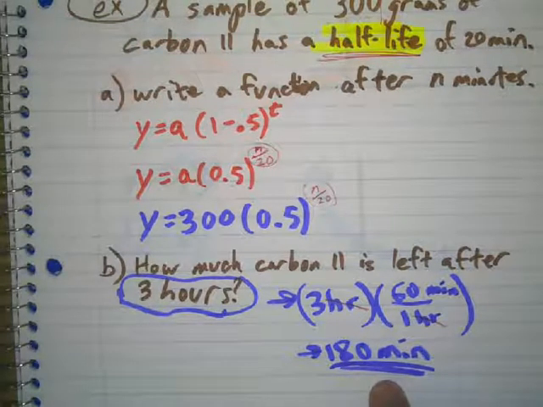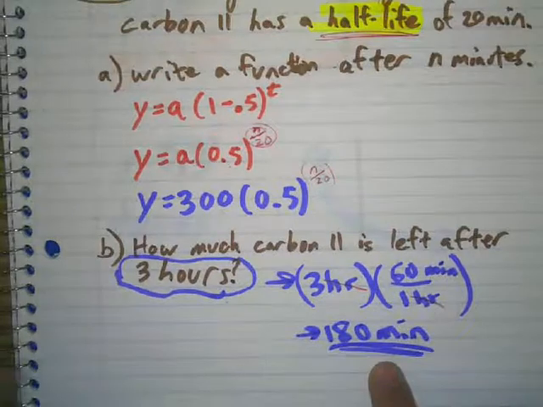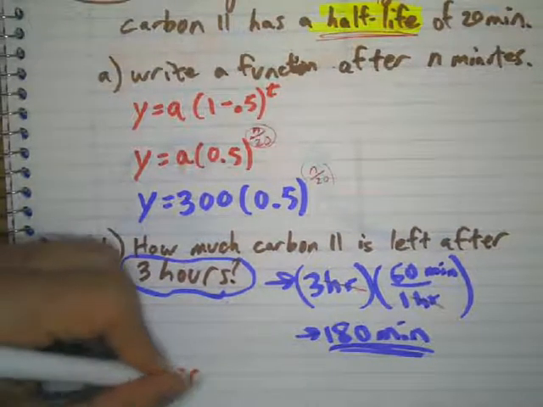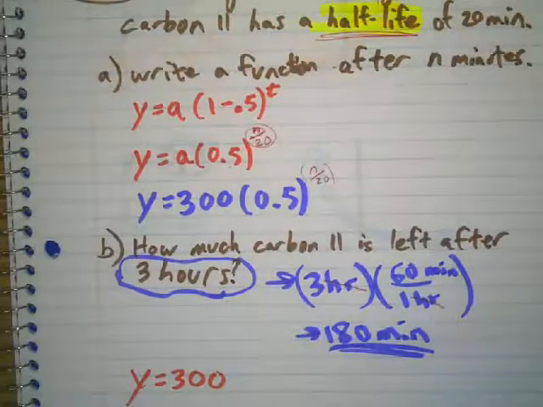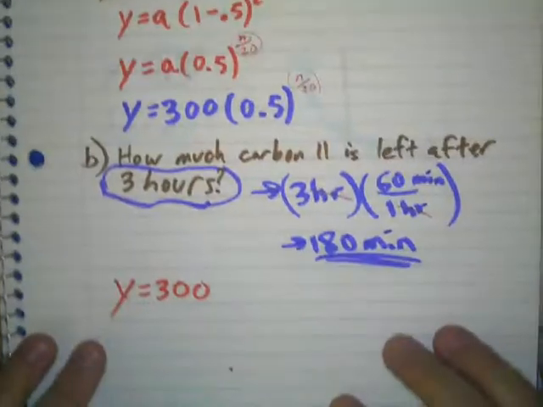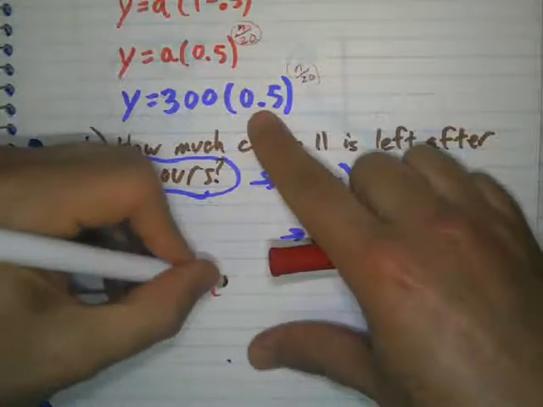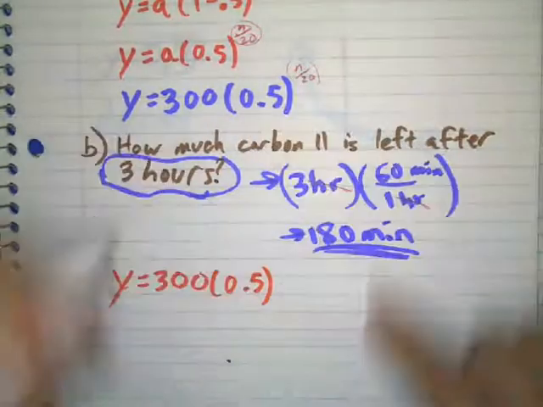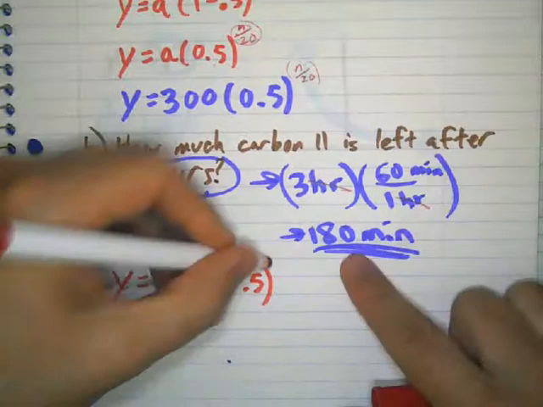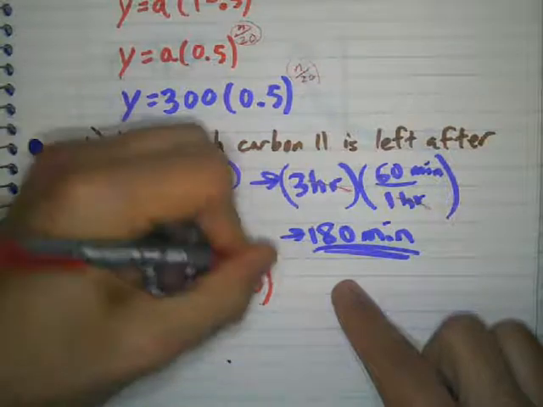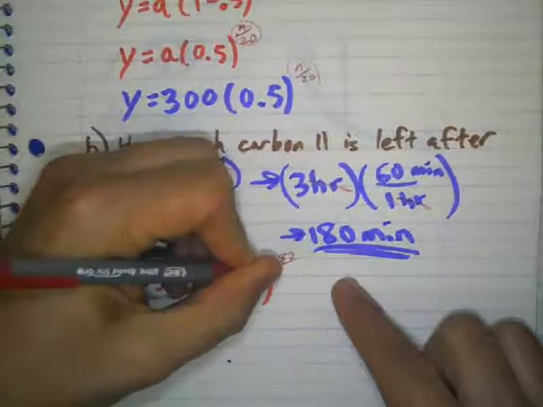So we know the time that we're dealing with is 180 minutes. Okay, so let's look at our equation. We've got y equals 300 times 0.5, and to the power is, my power is 180 over 20.